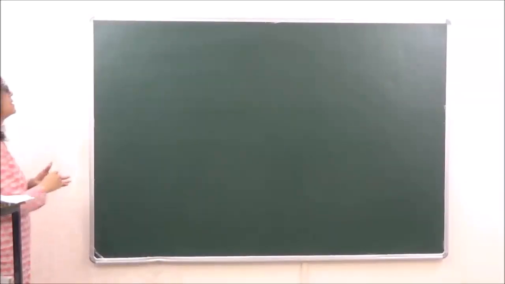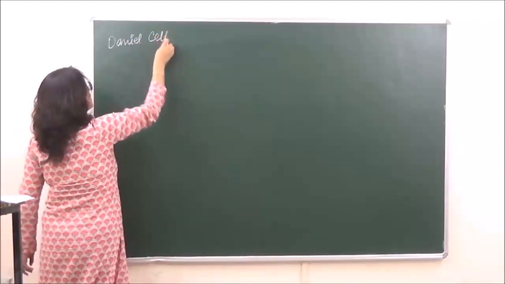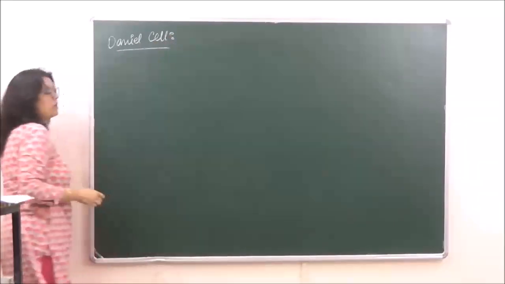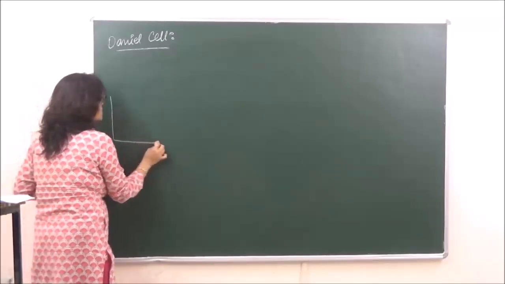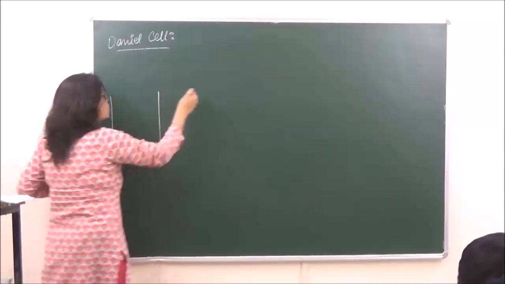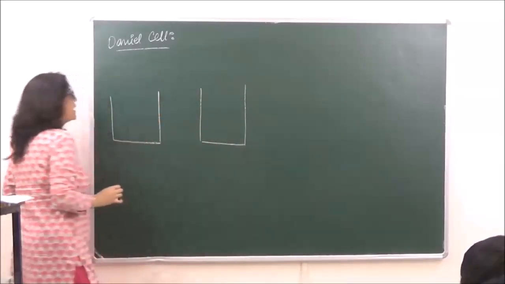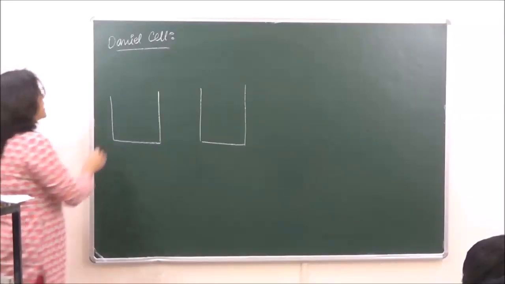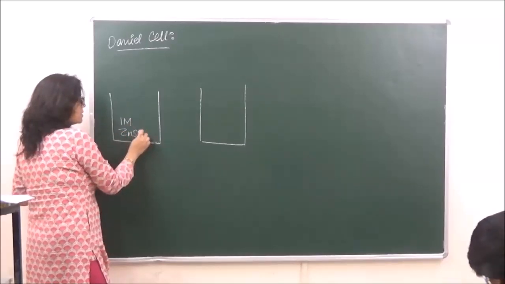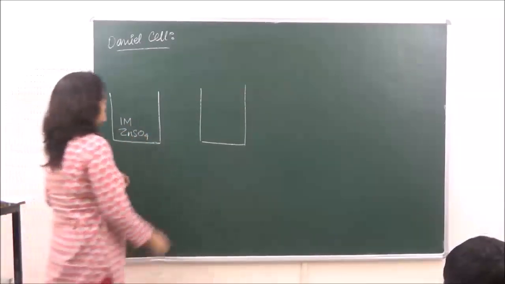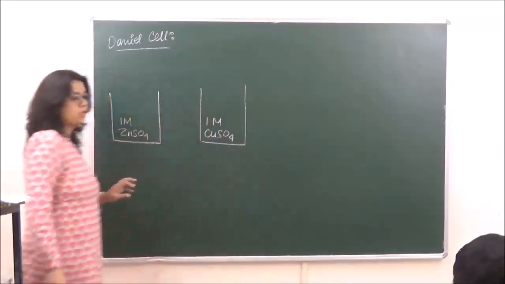Let's discuss the Daniell cell. As already stated, the Daniell cell consists of two different chambers or half cells. So we are taking two glass beakers. In the Daniell cell specifically, in one beaker 1 molar zinc sulfate solution is taken and in the other 1 molar copper sulfate solution is taken.